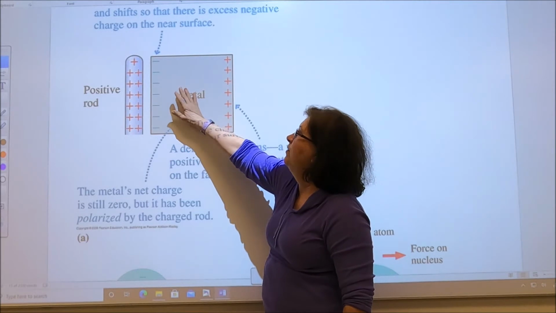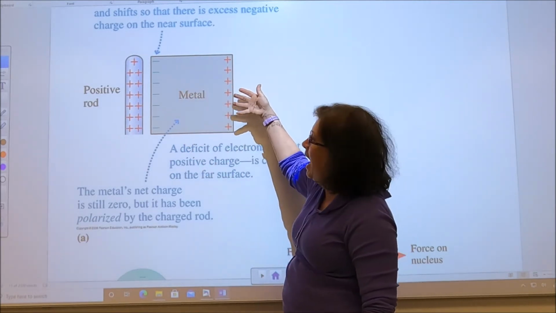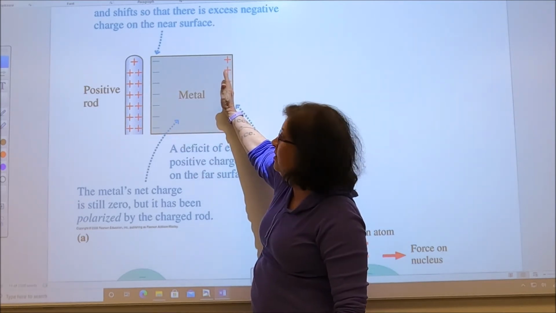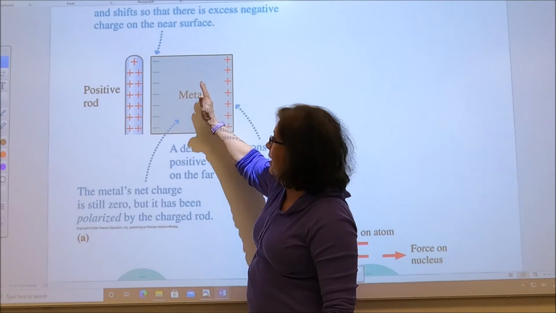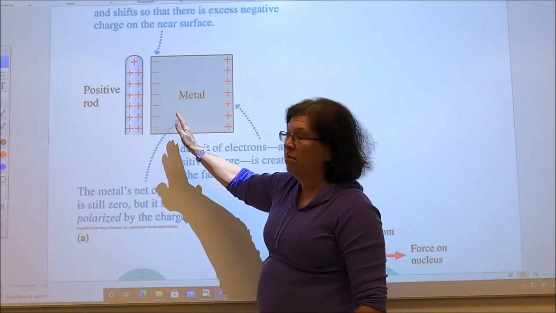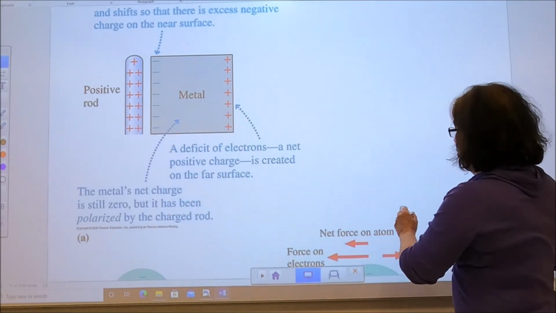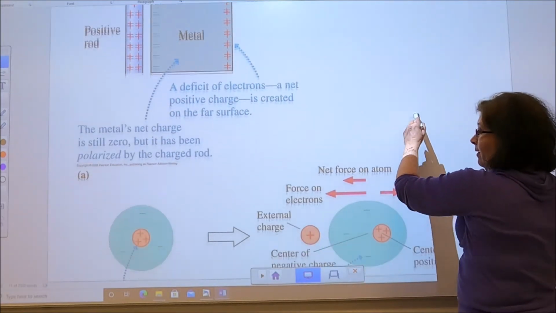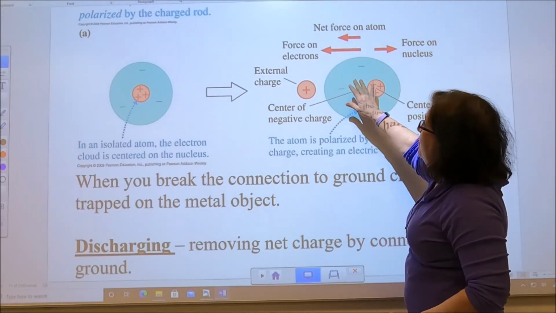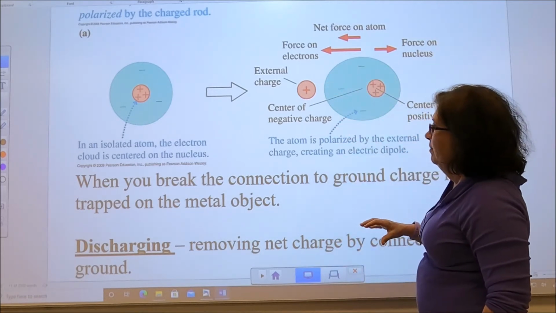The positive charge in the metal we can think of as being shifted to the other side. What's really happening is negative charge has moved this way, so it's left a net positive charge over here. Okay, so we've created a dipole, a negatively charged side and a positively charged side. Okay, so we've kind of gotten it to bow in one direction.